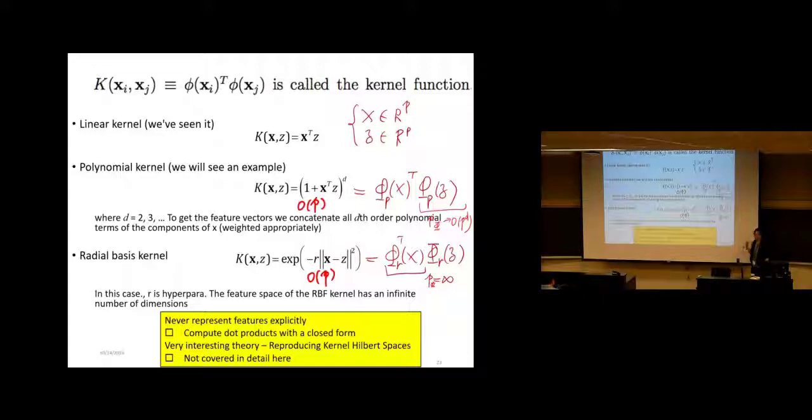Feel free to look it up; I can give you extra reading material about why this is equivalent to a phi(x) of infinite size. So, why is infinite size good? Why is an infinite-size nonlinear space that I project to good for SVM? We just talked about it. Come on, we just learned about it.